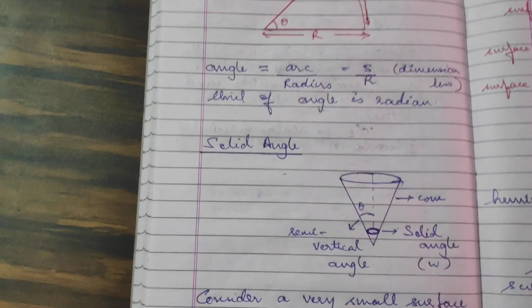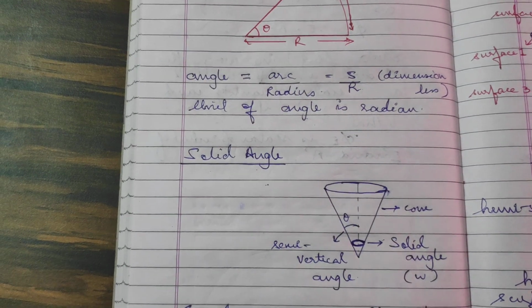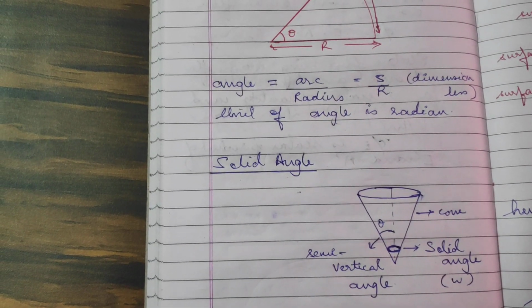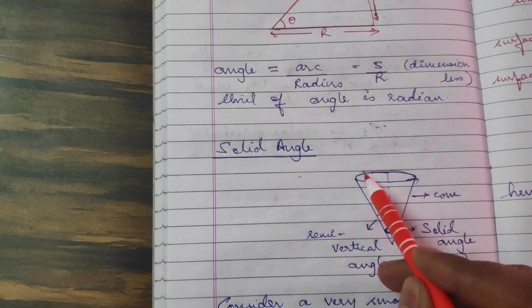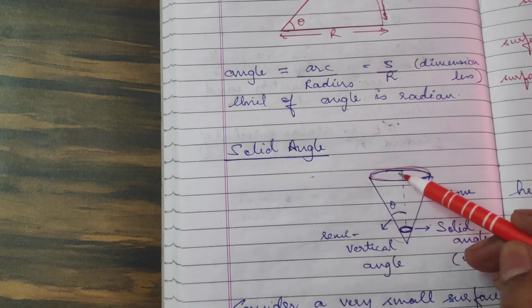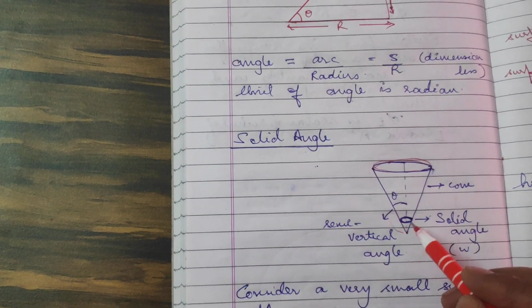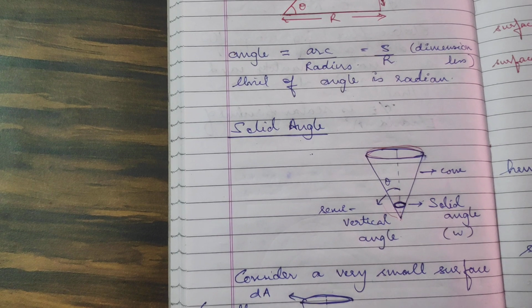Now what is solid angle? Solid angle, if you see, this is a cone. What I have done is, this is the surface, and I have joined these lines from the surface to a particular point, which makes a three-dimensional angle at the vertex, which is called a solid angle.